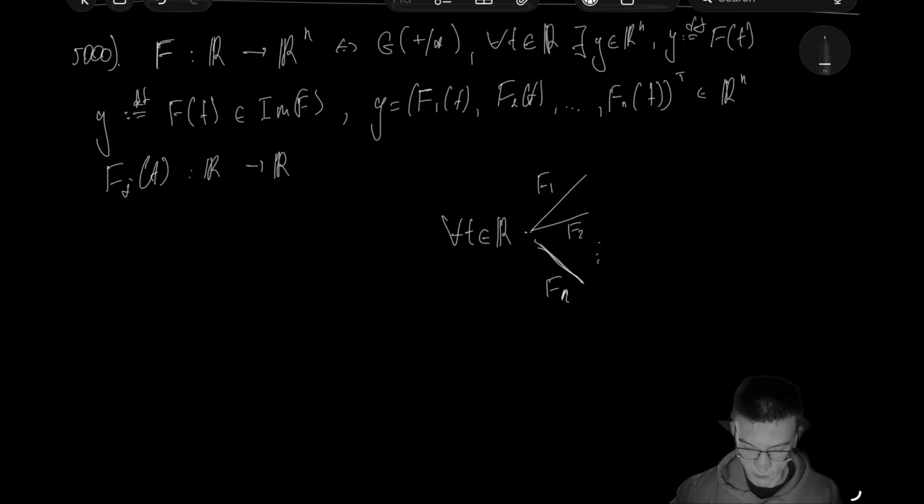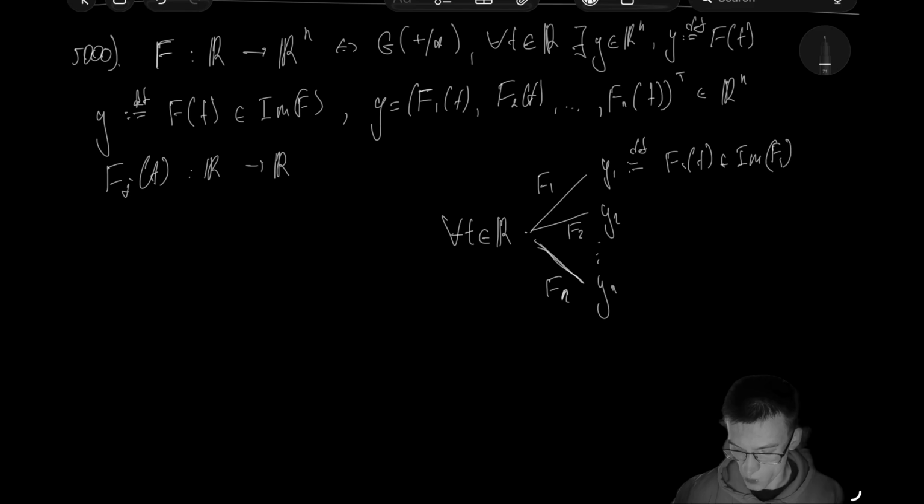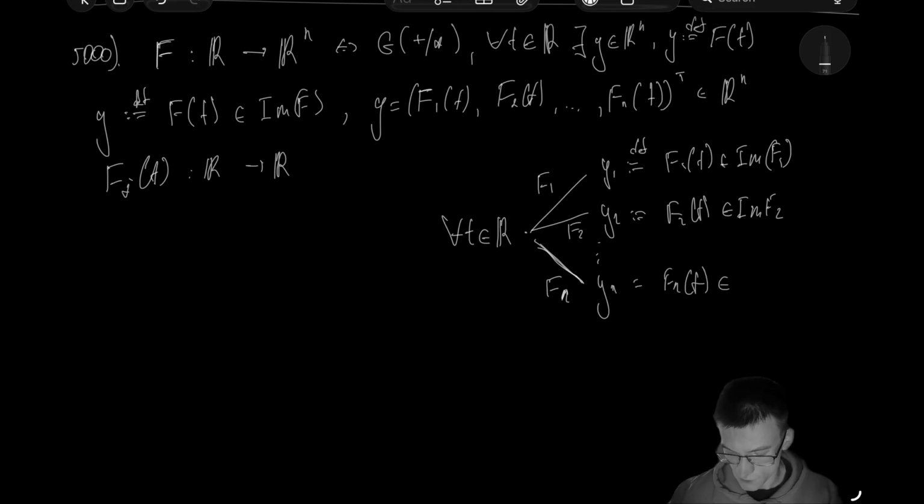Each produces the value y1, y2 until yn, and each one by definition belongs to the image of f1, the same for f2 of t belongs to image f2, and until fn of t belongs to image fn. So this is essentially the package containing very different scalar functions, each returning a component of the resulting vector.